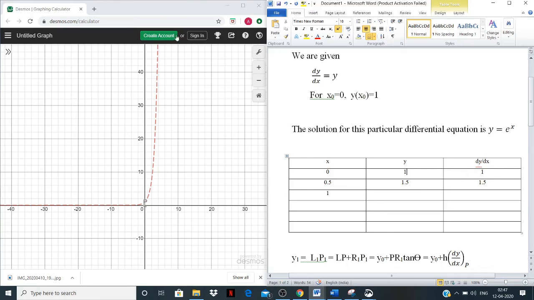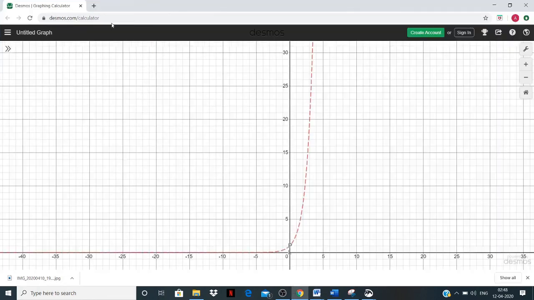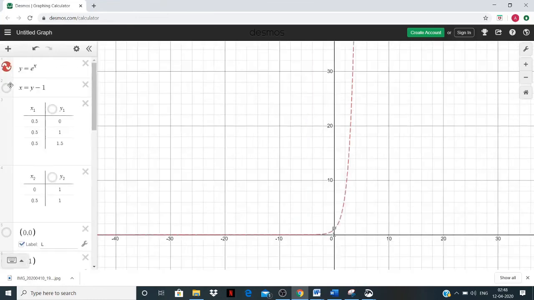If we plot this line in our graph, we get something like this. We can see that the blue line is the line y minus 1 is equal to x, where the values of x naught and y naught are 0 and 1, and the value for dy by dx is 1.